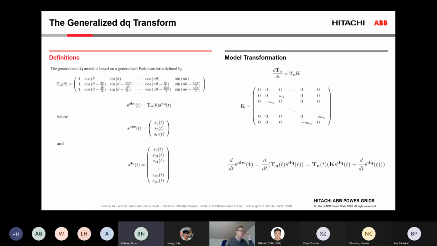As I mentioned, I passed over it quickly in the explanation. There is an important difference between the normal Park transform and the generalized one, because the normal Park transform is bidirectional. We have the same number of components in the ABC and the DQ. Here I have many more.